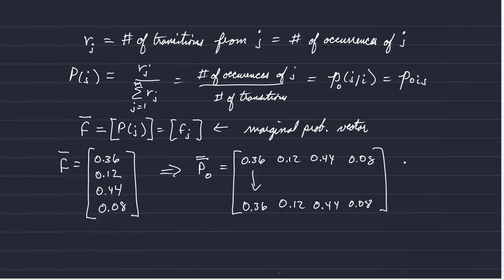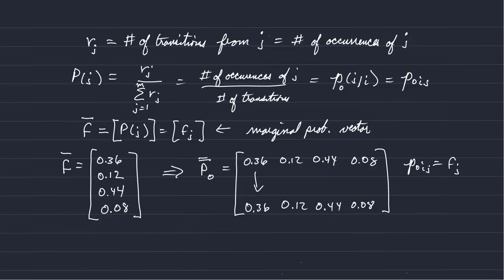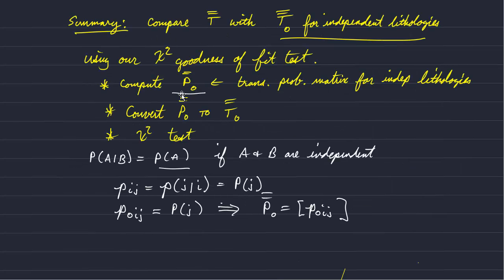So little p0ij is equal to f of j. So each component of f makes up each column of little p0. So now that we've defined P0, we have to convert P0 to T0, the corresponding transition frequency matrix.